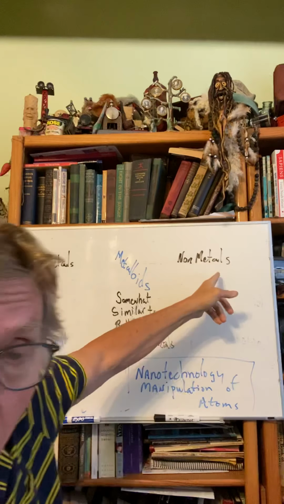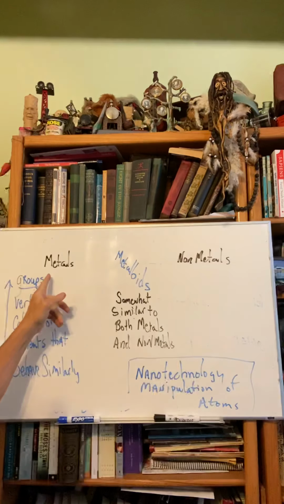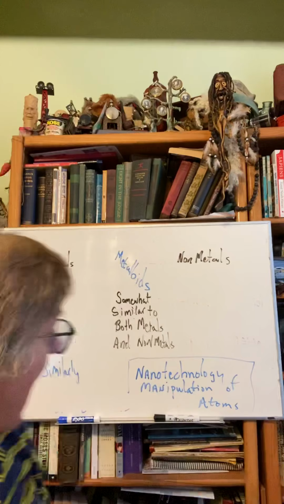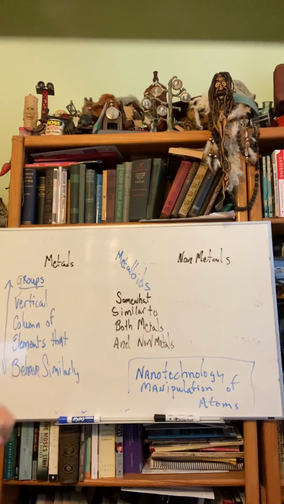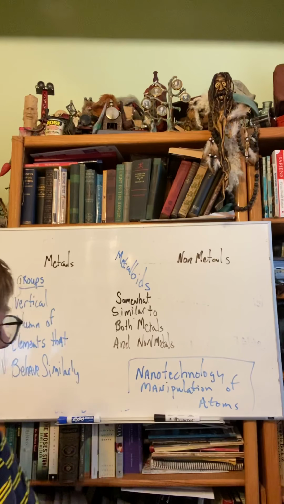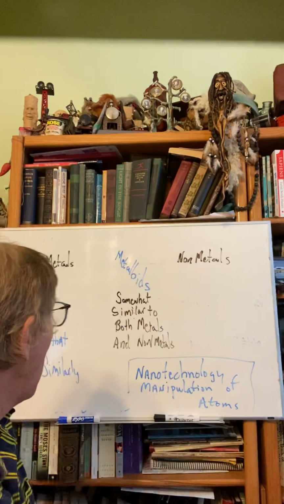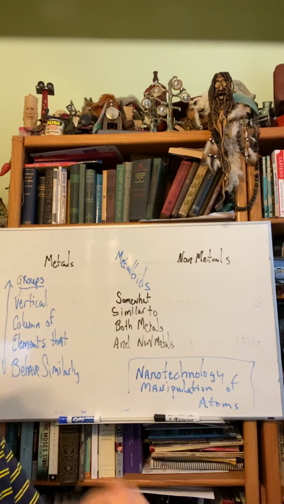So we have the conductive metals, the non-conductive nonmetals, and then we have these metalloids, and they have characteristics that are somewhat similar to metals and nonmetals. And so that means they're in between.